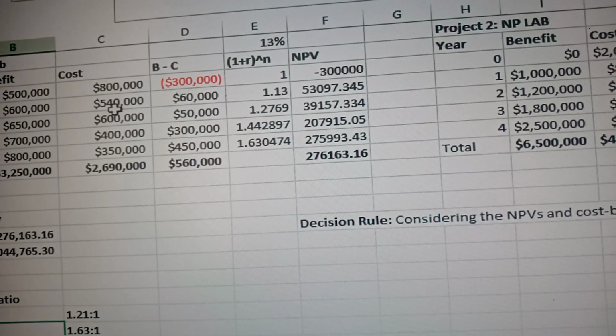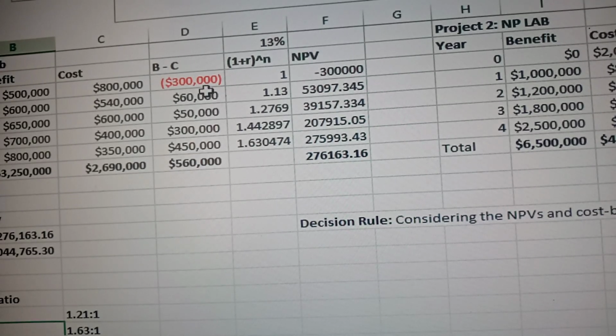So they continued to year 1, and they had a benefit of 150. That's the difference between 600 and 450. So you compare the rest of the years, you match the benefit and the cost to see if there is profit. The differences are put in the D column.